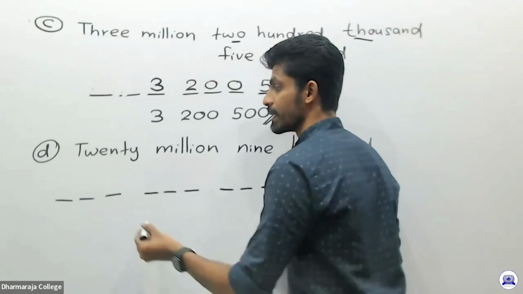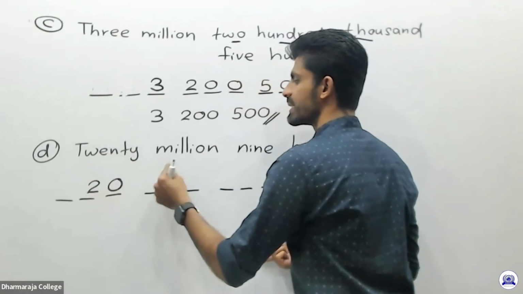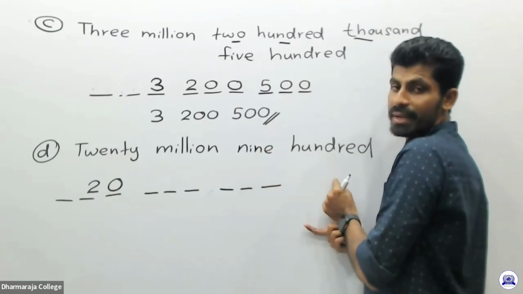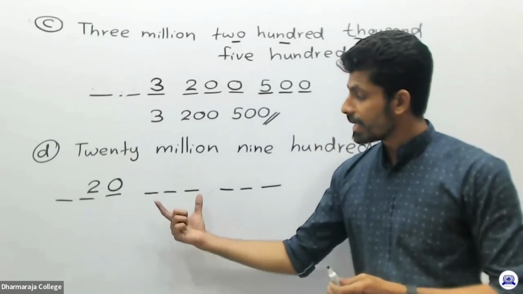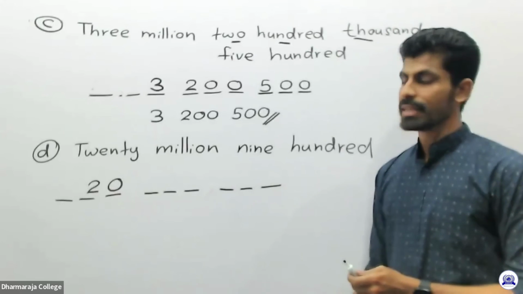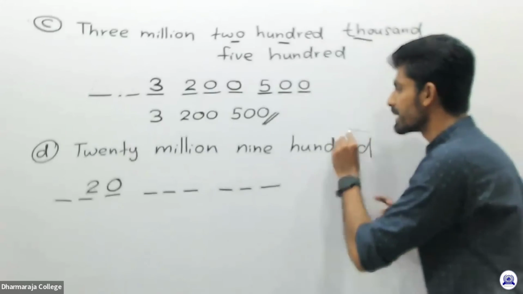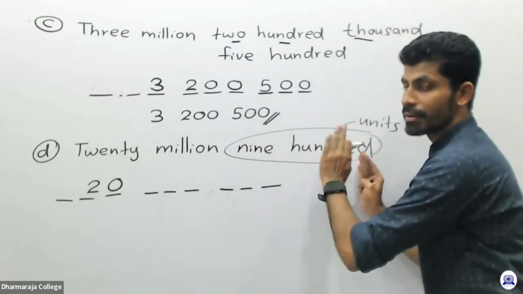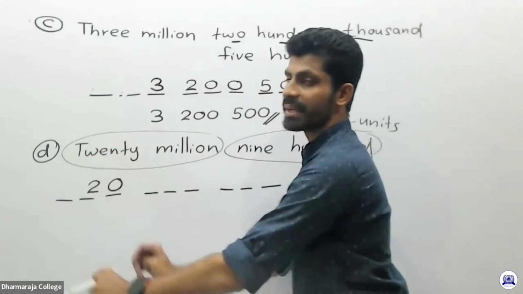20 million. Look at the value: there are no thousands. No thousands period. 900 means units period. 20 million means millions period.